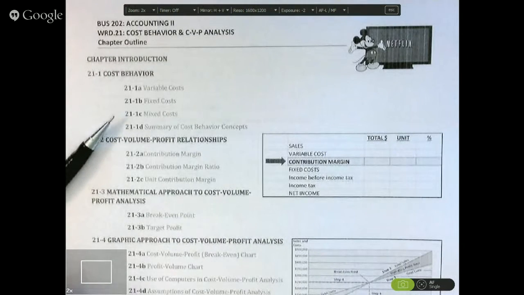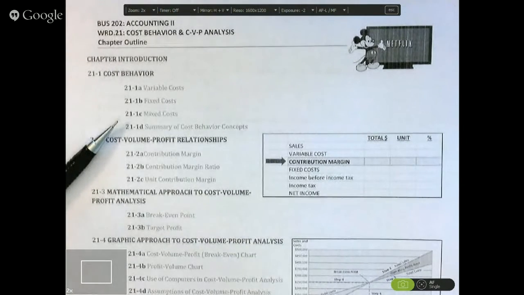A mixed cost is a cost that has characteristics of both variable and fixed costs. So the best example of that might be your phone bill. With your particular phone bill, you're having a flat rate of $50 a month to make a certain number of texts, calls, data usage.